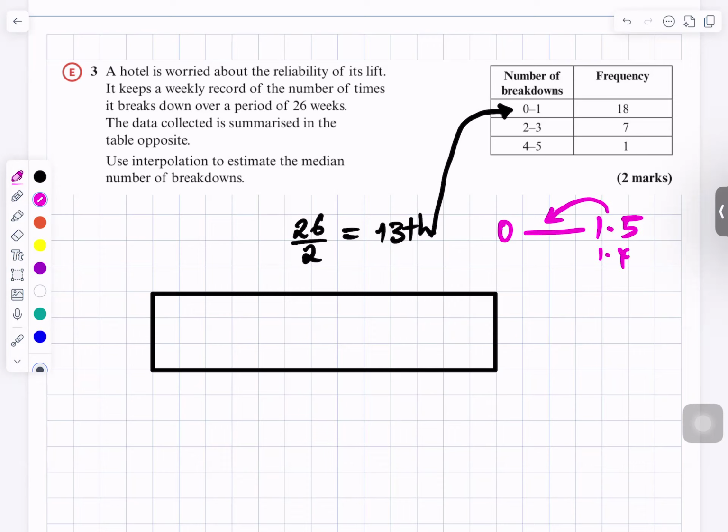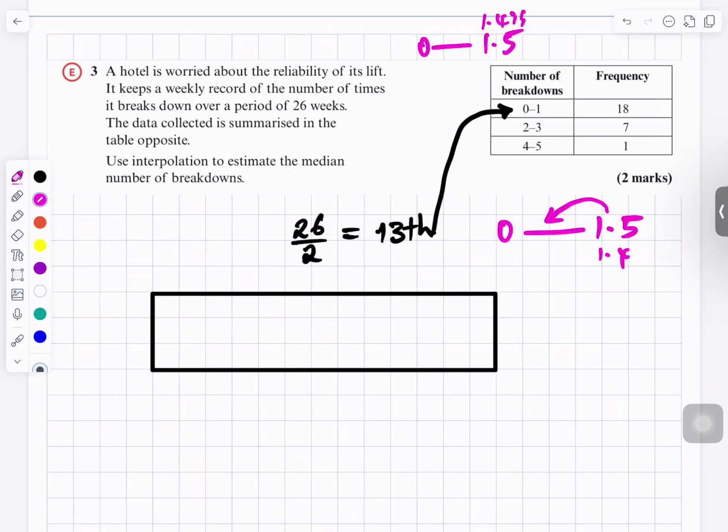So this class that's 0 to 1, you can write it as 0 to 1.5, or it's exactly 1.4999.